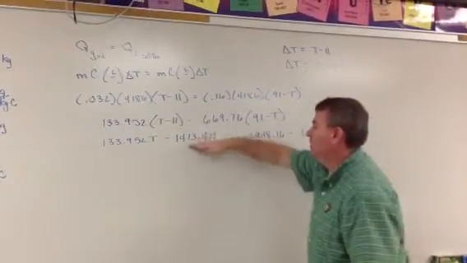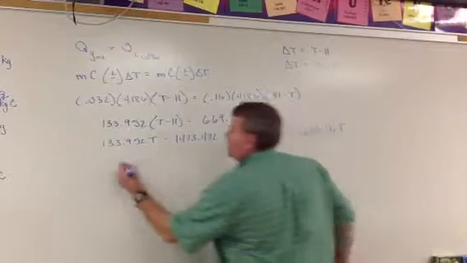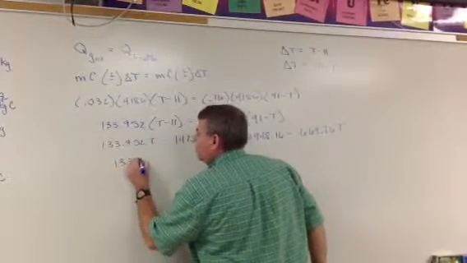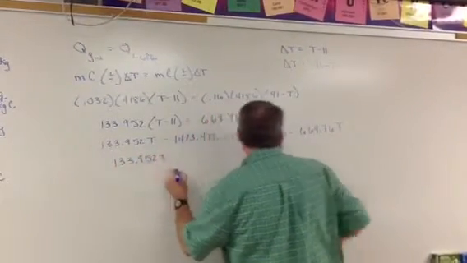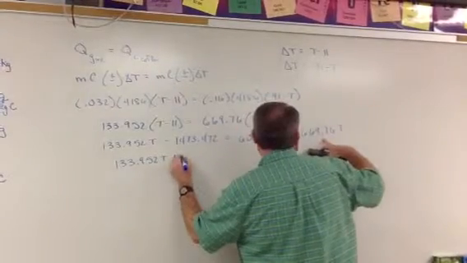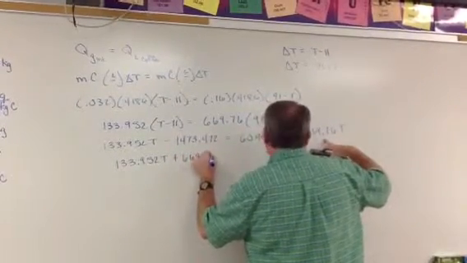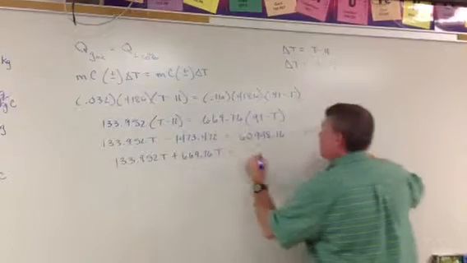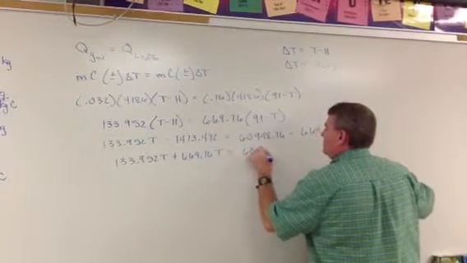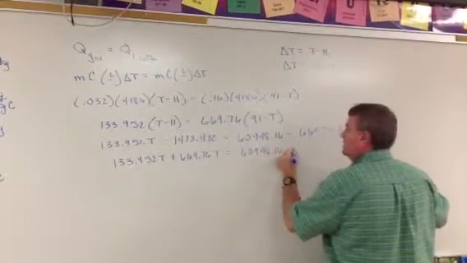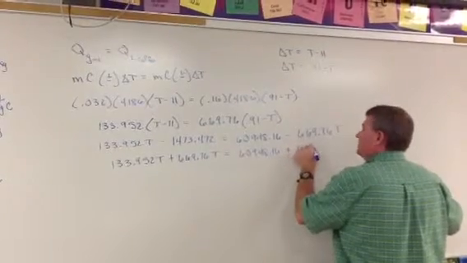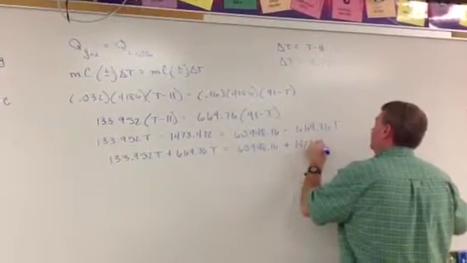All right, now we have a T on this side, T on this side. Move this over, and then move this over. So 133.952 T plus 669.76 T is equal to 60,948.16 plus 1473.472.